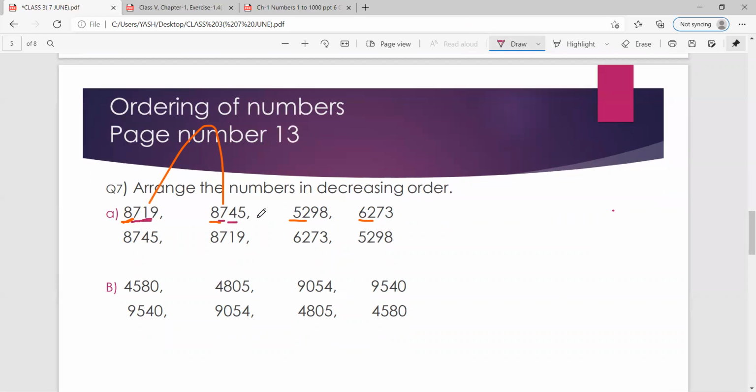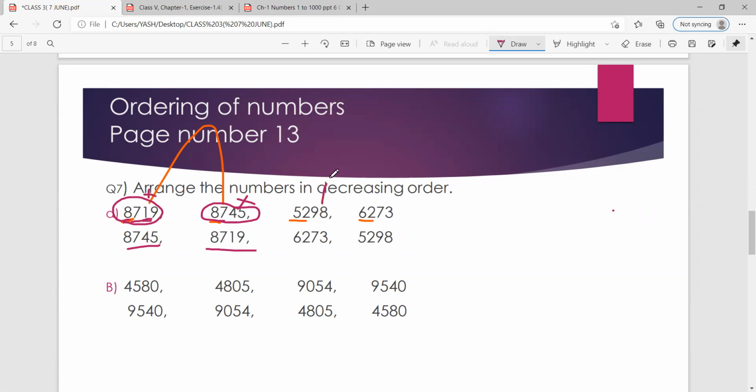So which one is biggest? 4 is biggest or 1 is biggest? Obviously 4. So we will keep this number at first place like this and cut this number and keep this number at second place because we were comparing these two numbers. So keep this number at second place and cut this also.